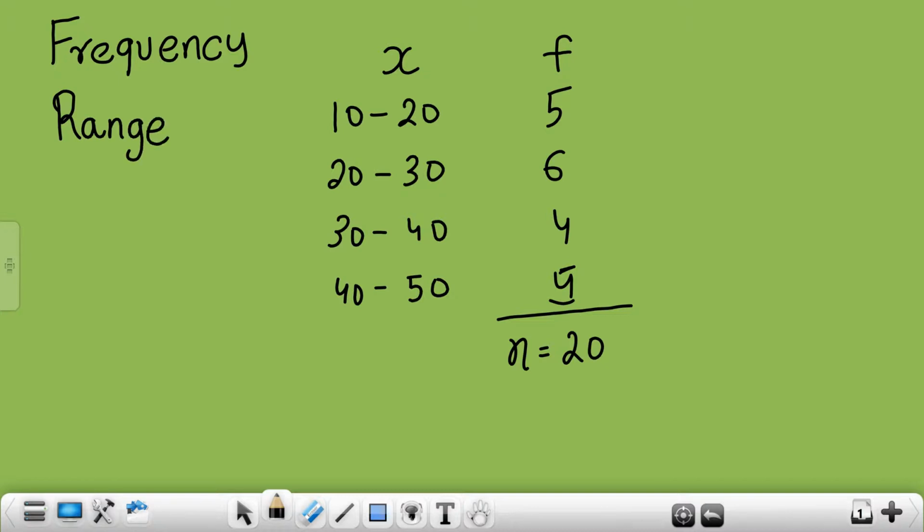So what is basically a range? A range is the distance between the two limits of a class. If I take the first class as 10 to 20, the 10 is the lower limit of the class and the 20 is the upper limit of the class, whereas the distance of the class is upper limit minus lower limit, which is equal to 10.